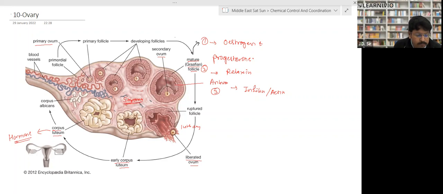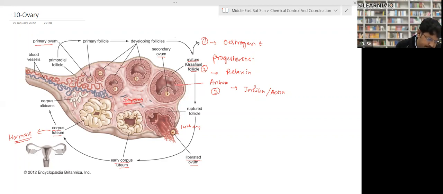Maturation of ova and mammary gland takes place because of this hormone.